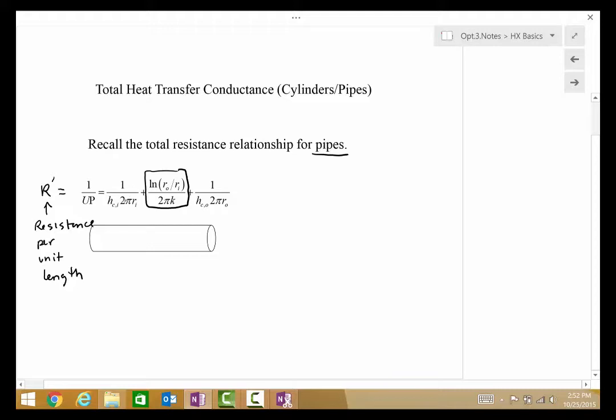So all we're saying is that R prime is equal to the convective resistance on the cold or the inner part of the cylinder, the conductive resistance through the pipe, and the outer convective resistance.